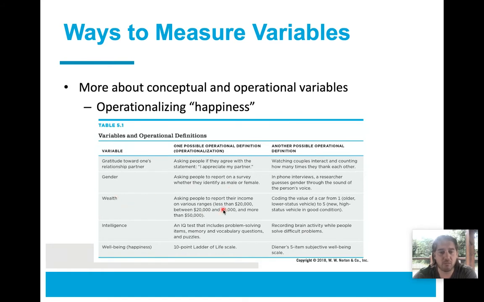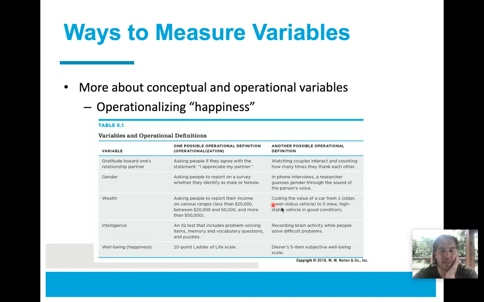Wealth, we could ask people to report their income, or for example, we could code from maybe 1 to 5 the level or status of their car. Presumably, people with crappy cars are less wealthy. People with really fancy cars are more wealthy.